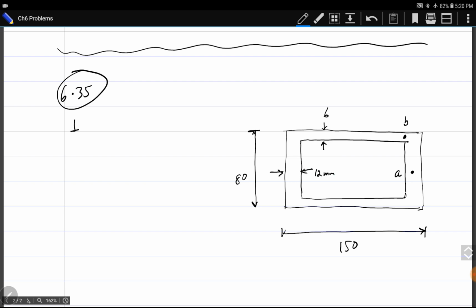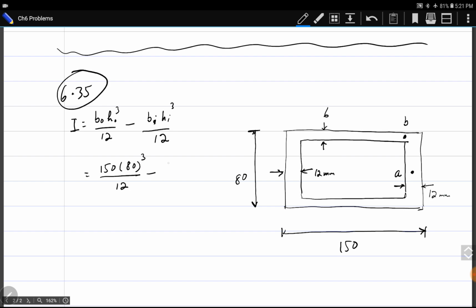Okay, I is equal to I of the outer portion minus I of the inner portion. So b outer h outer cubed divided by 12 minus b inner h inner cubed divided by 12. b outer is 150, height of outer section is 80. b of inner section is 150 minus 12 minus 12, because thickness here is 12 and the other part is also 12.